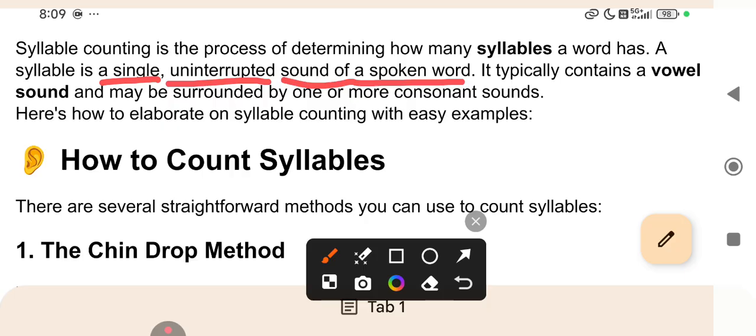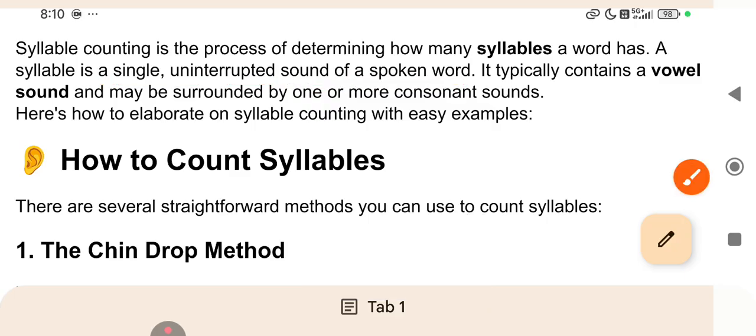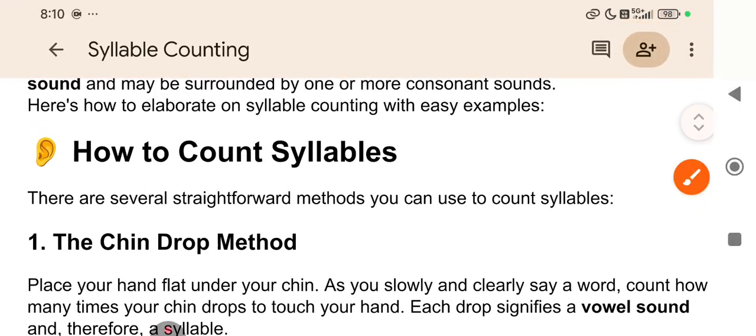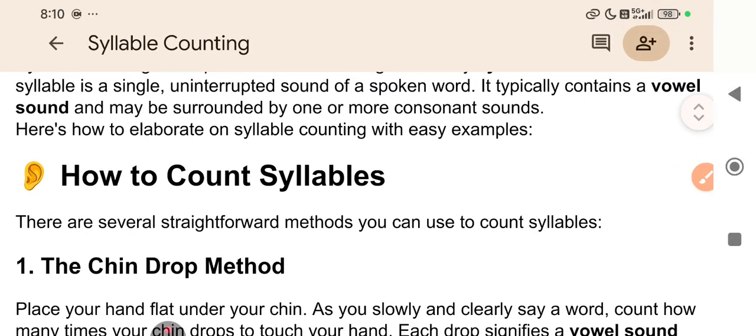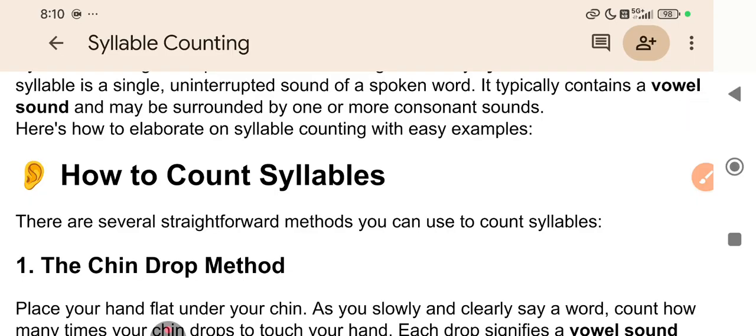A syllable is a vowel, or a combination of consonant and vowel. A vowel alone can be counted as a syllable. A syllable is a single uninterrupted sound of a spoken word, and it typically contains a vowel sound. It may be surrounded by one or more consonant sounds.